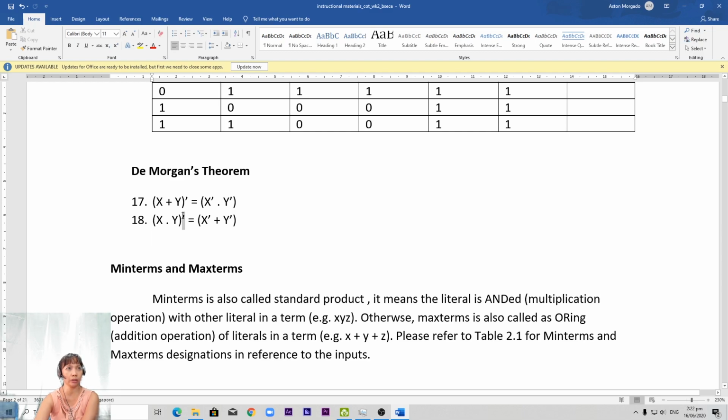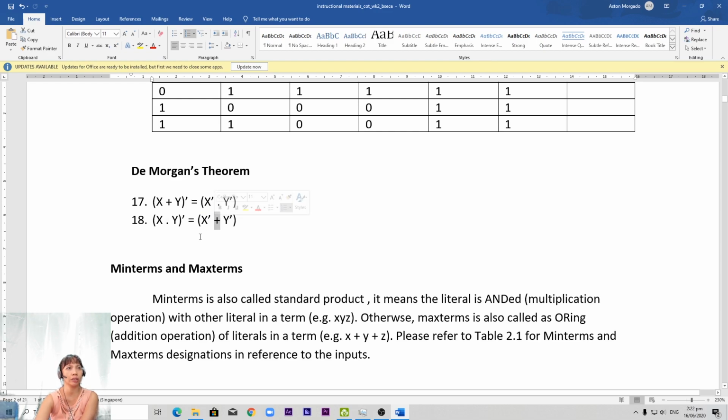Likewise, for number 18, you have (x times y) prime. Again, you want to put the prime inside such that it becomes x prime, y prime, but you have to change the operator from multiply to plus.